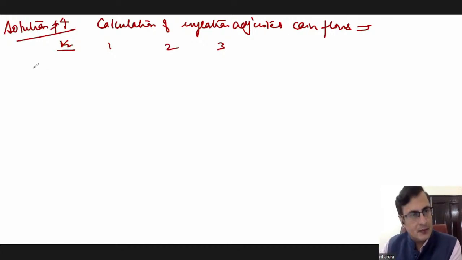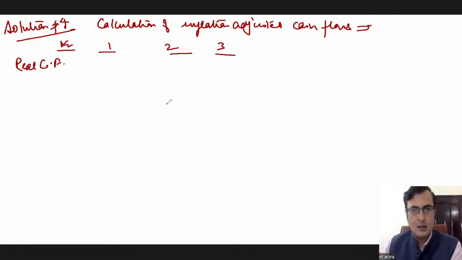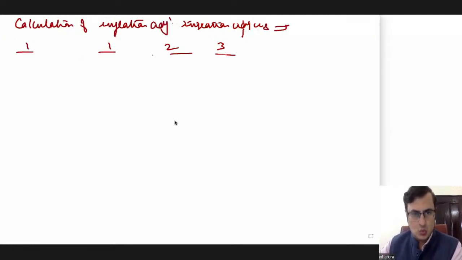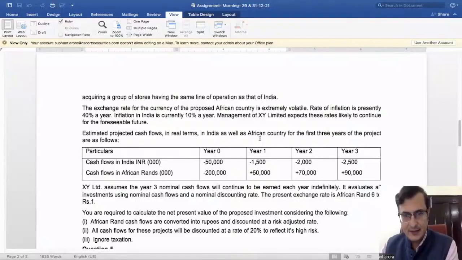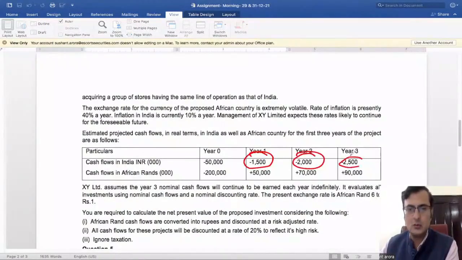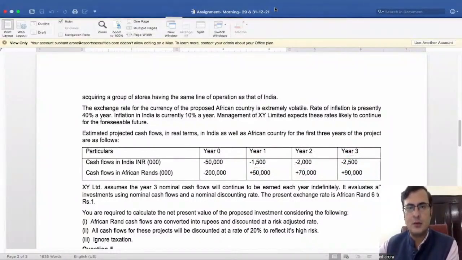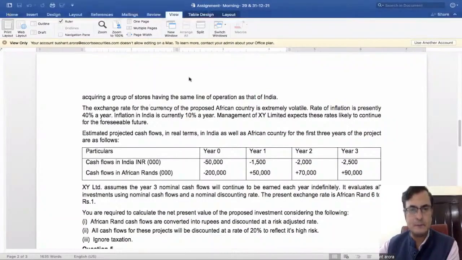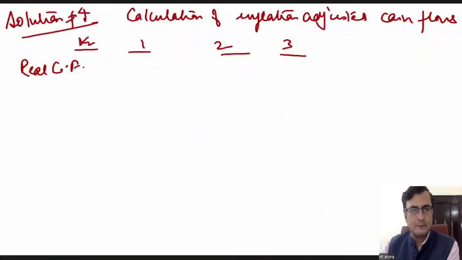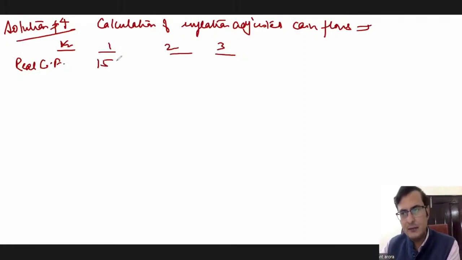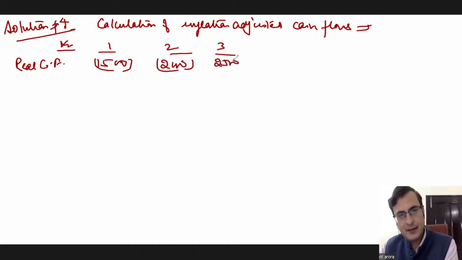The real cash flows are 1,500, 2,000, and 2,500. Can everybody see? So 1,500 negative, 2,000 negative, and 2,500 in negative.